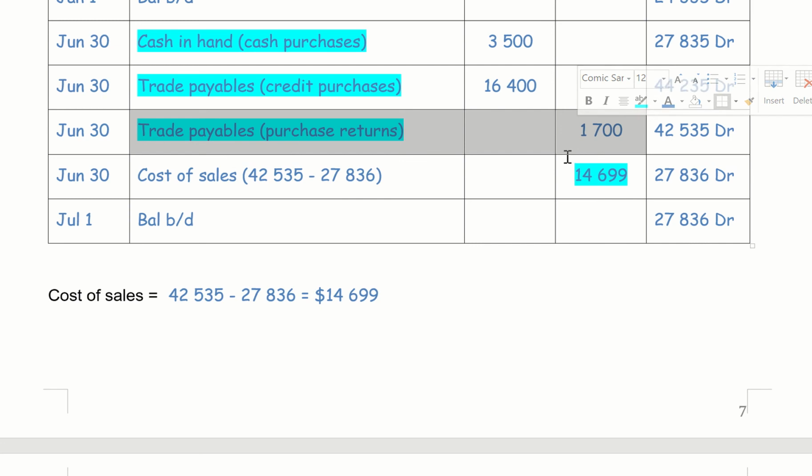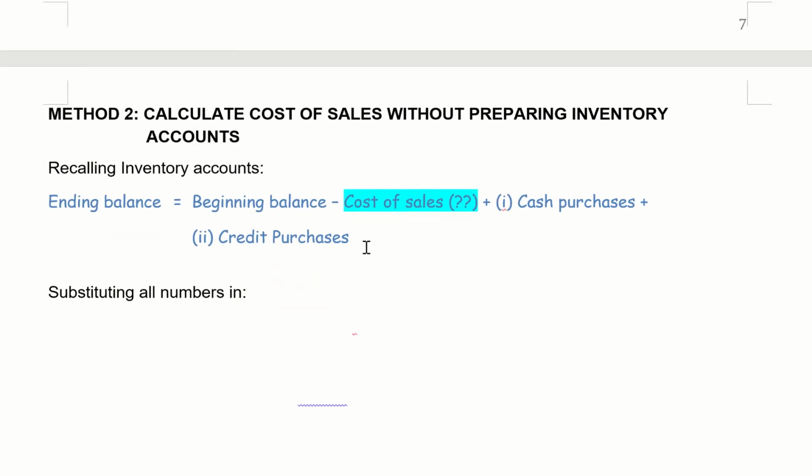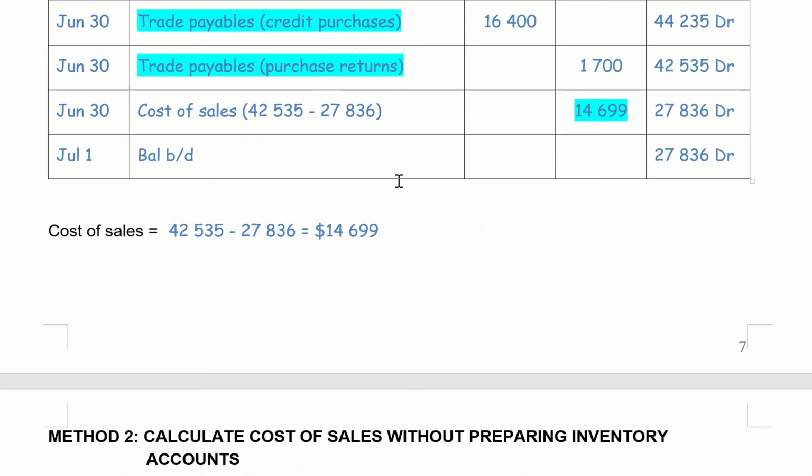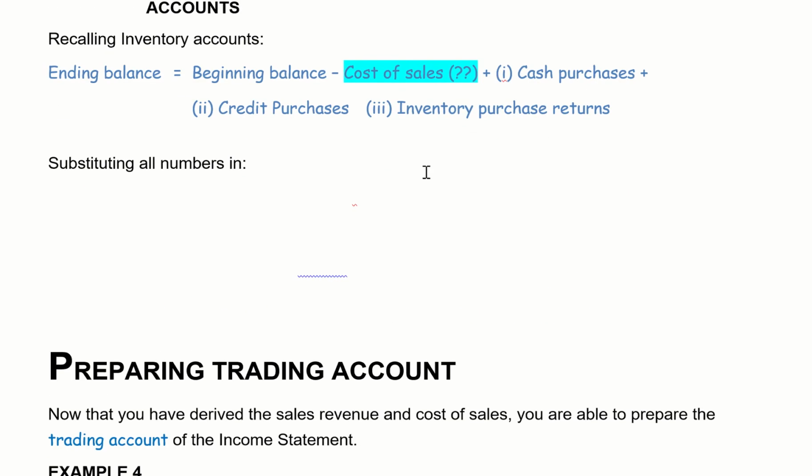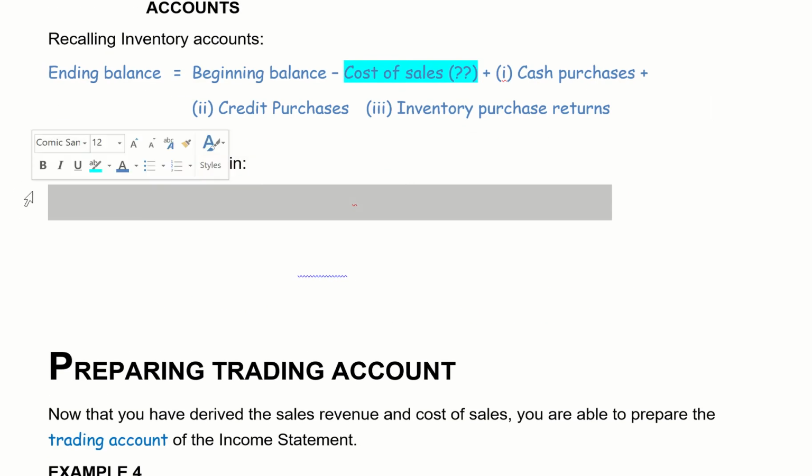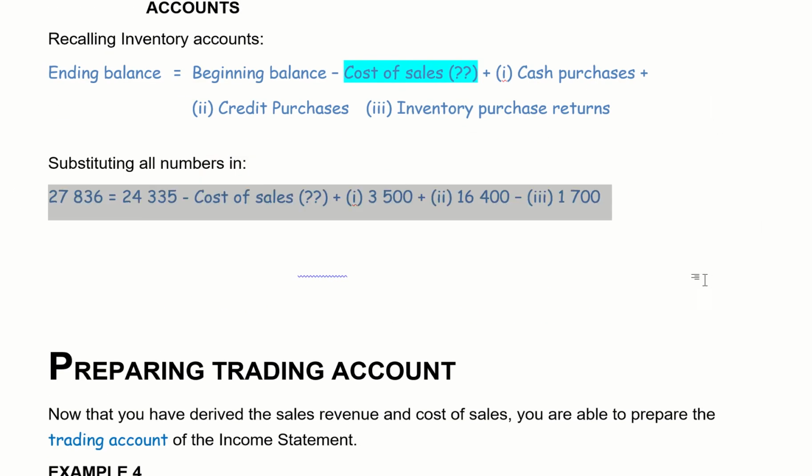And finally, you record inventory minus, because there was a purchase return. Anything else? No, you've recorded all of it already. If you substitute all the numbers in, this is the first working. The last three numbers actually came from the previous example.